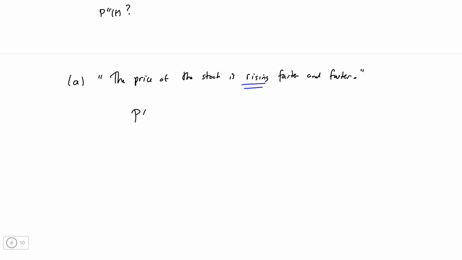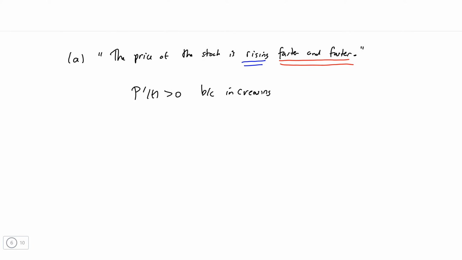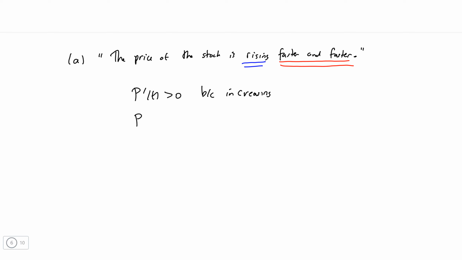So P prime is bigger than 0 because it's increasing. And then the part where it says faster and faster, that's telling us that the increase is getting bigger and bigger. So that tells me the second derivative is bigger than 0.